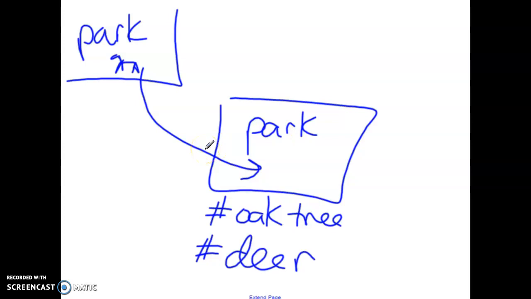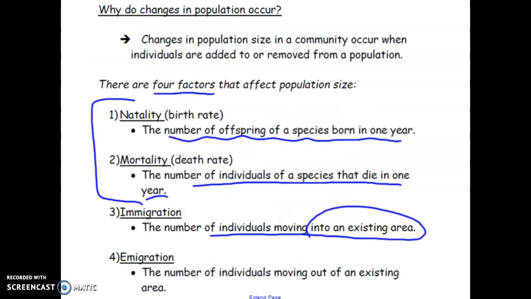So when you're looking at movement of living things, number one, it has to be something that can move. For example, producers cannot exactly get up and walk away to another area. But if you're looking at something that has the ability to move, you can look at movement into an area or movement out of an area.